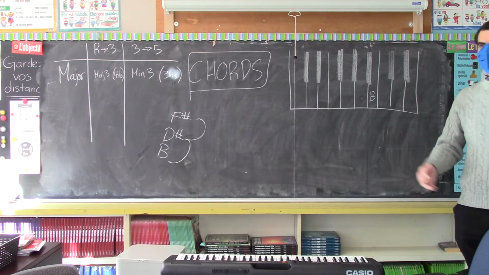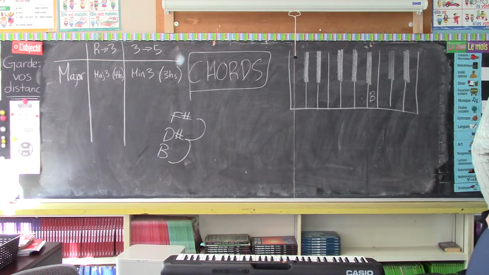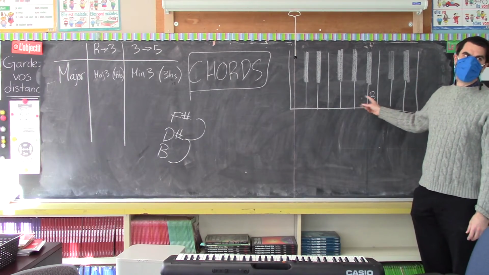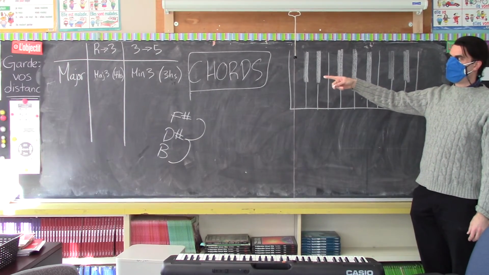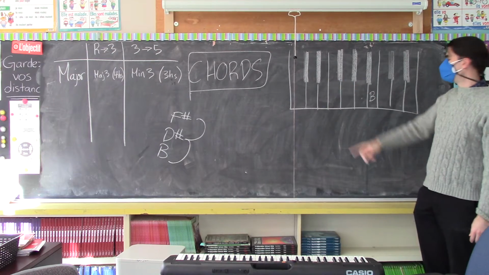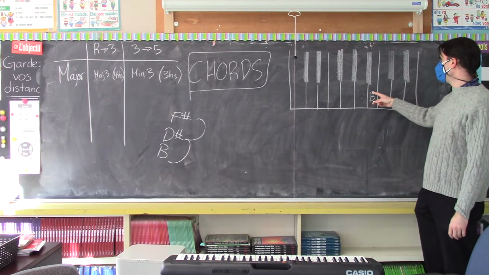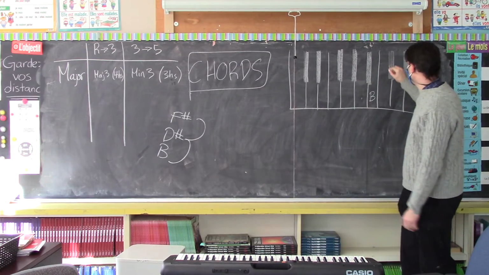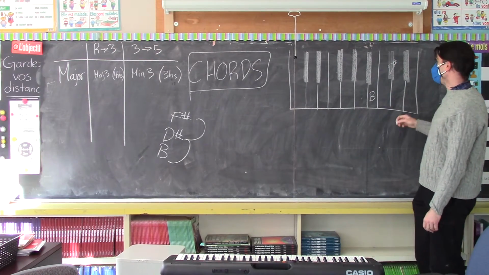Let's say you don't have your circle of fifths handy. But you do know that in the pattern, there's a major third between the root and the third. So that's 4 semitones: 1, 2, 3, 4. So D sharp.